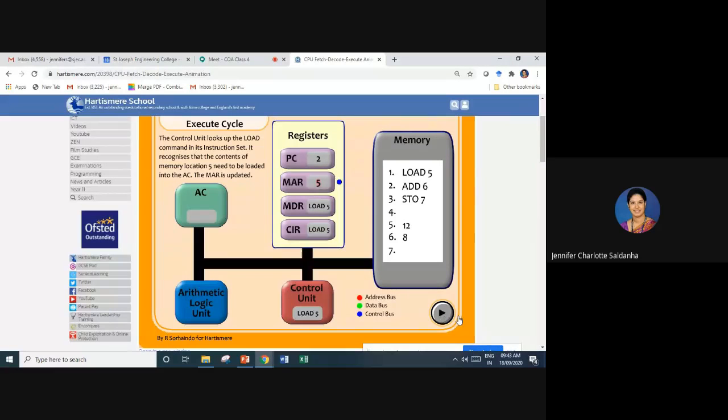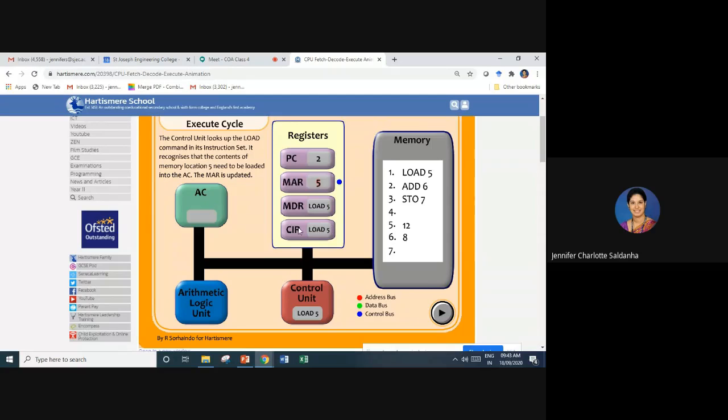Now what happened here is decoding is taking place. The instruction is present in the instruction register. The control unit is responsible for decoding this. So while decoding, what does it mean? Load 5 means: load the contents of memory location 5.